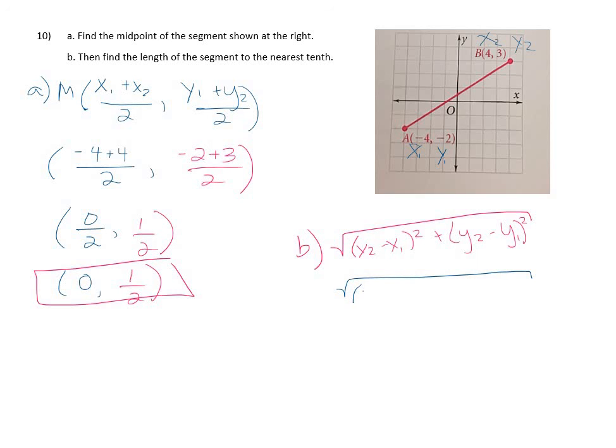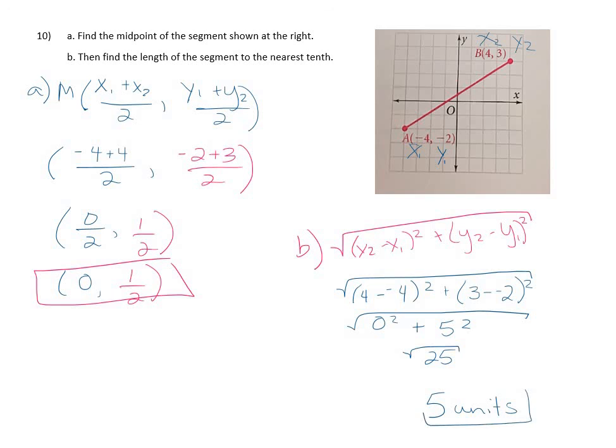So x2 here is 4 minus -4 squared plus y2, which is 3 minus -2 squared. 4 minus -4 is 0 squared plus 3 minus -2, which is 5 squared. The square root of 25 is just going to be 5. So this is 5 units in length.